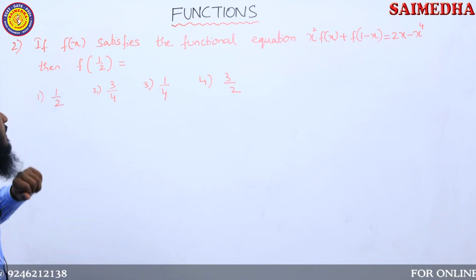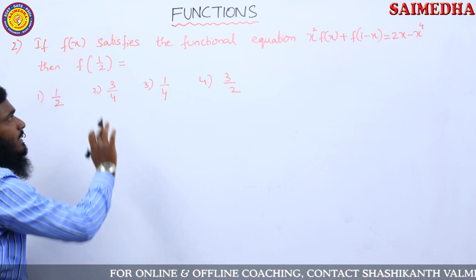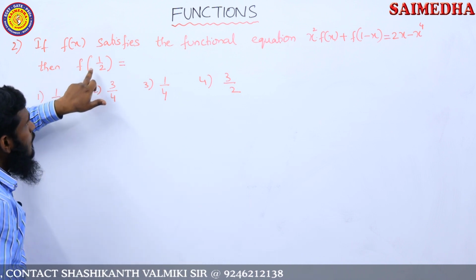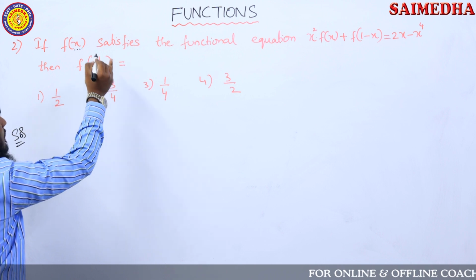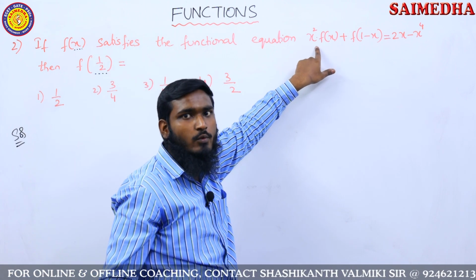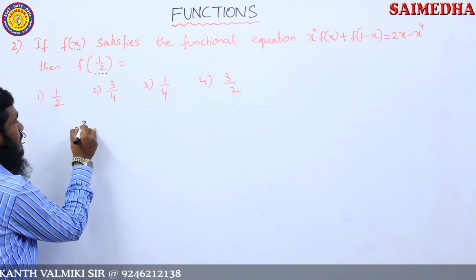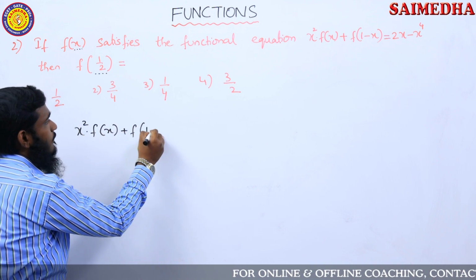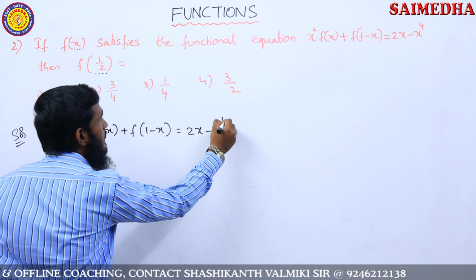Now let us solve this part. So as it is given, f of 1 by 2 means in the place of x what we have to take? f of x is given, f of 1 by 2 is given. So in the place of x we are taking 1 by 2 and we have to substitute that x value over here in this functional equation. So x square into f of x, let us write as it is, x square into f of x plus f of 1 minus x equals to 2x minus x power 4.